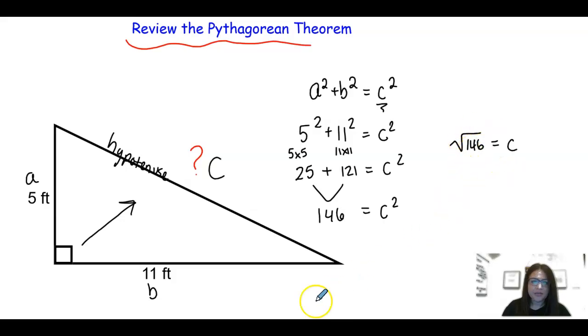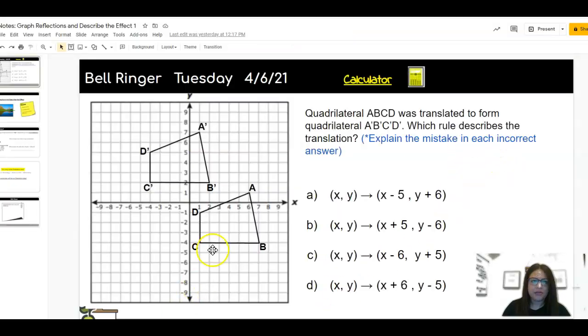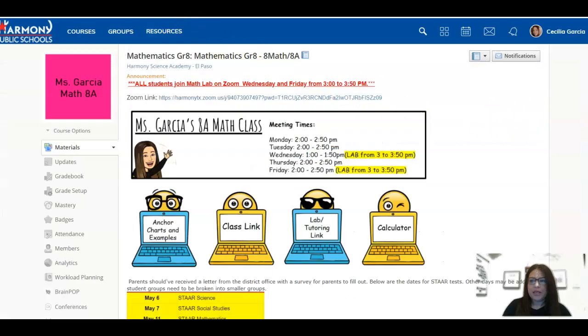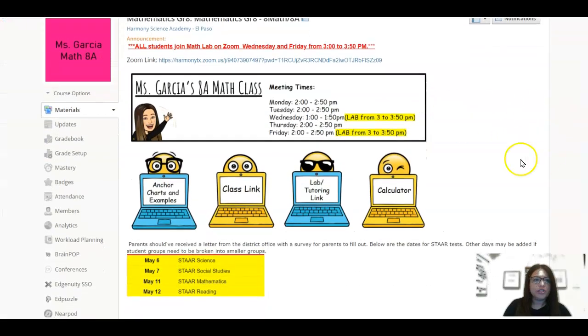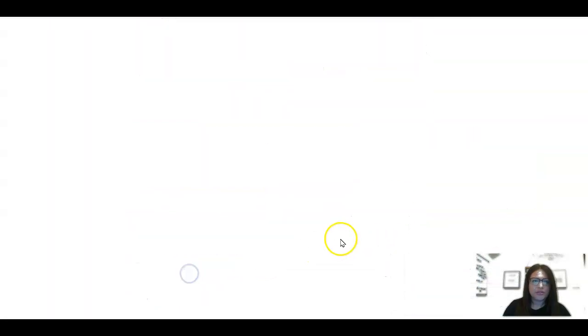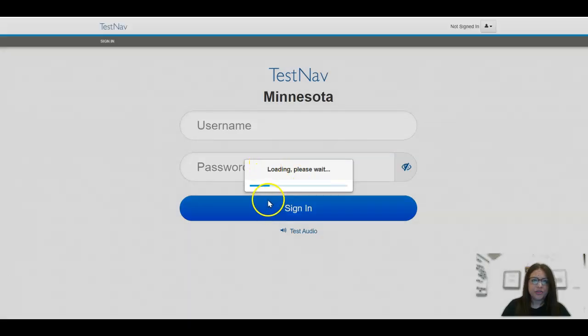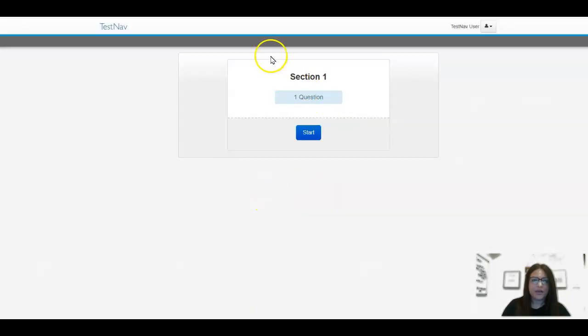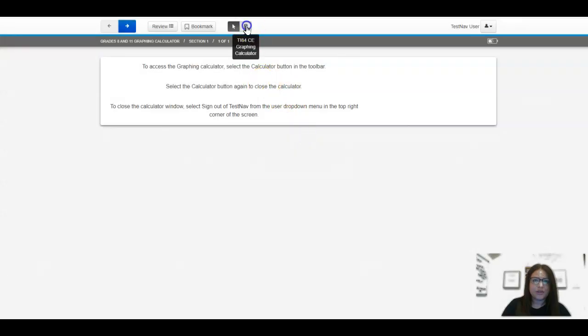Now, this is something we're going to have to go ahead and go to our calculator for. So if we go to our page in Schoology, we're going to go ahead and go down to our calculator option right here. And we're going to open up that calculator, and I'm going to show you how in this calculator we can go ahead and find the square root function.